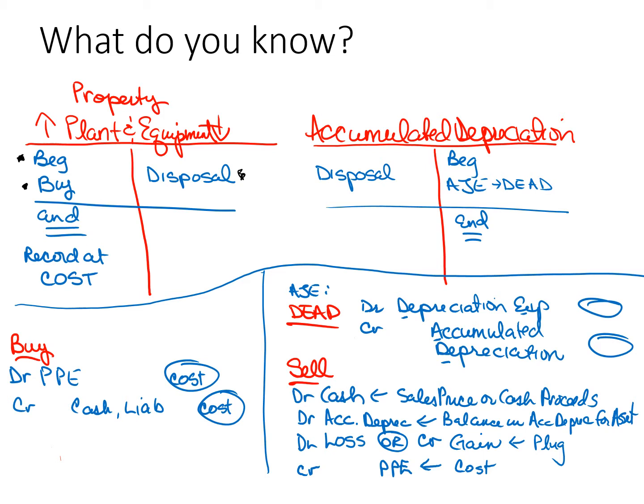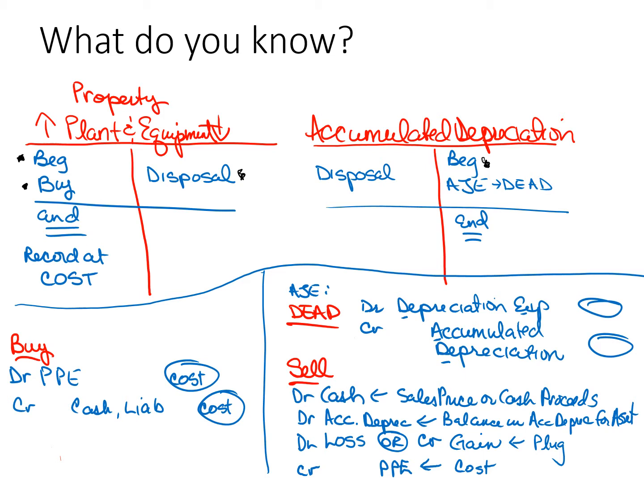There's an account that goes with every single property, plant, and equipment account, and that is accumulated depreciation. It is a contra asset account, meaning it's increased by credits and decreased by debits. You would find a beginning balance on the credit side, which represents all the depreciation previously taken on that property, plant, and equipment. It would be increased by the adjusting journal entry, fondly known as DED, or debit depreciation expense, credit accumulated depreciation.